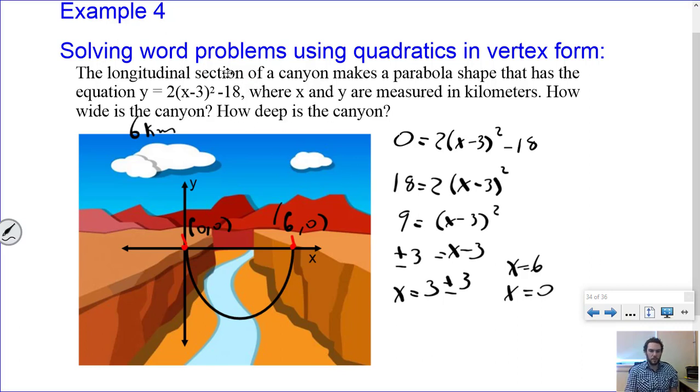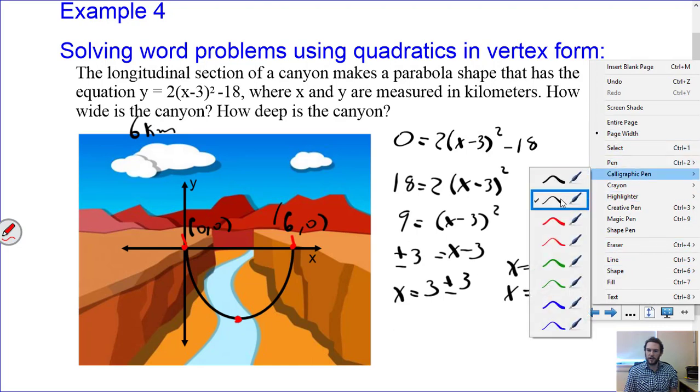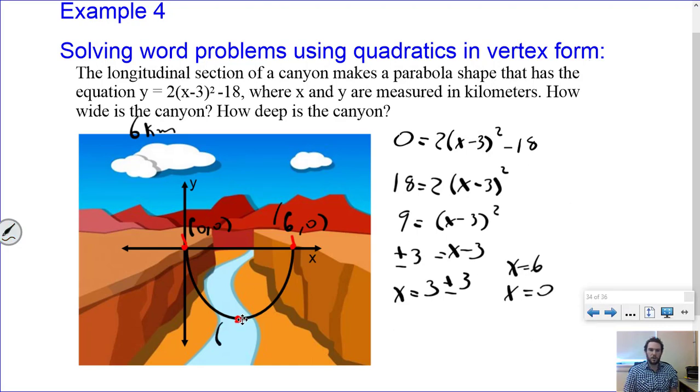Well, we don't even have to do any work for this, really. We already know the vertex, right? We know the values of the vertex. The vertex is the bottom of the canyon, right? It's this point right down here. So I can use my vertex to help me answer this question. So what are the coordinates at this point? Well, we look at our h and our k value, and we say that this is (3, negative 18).